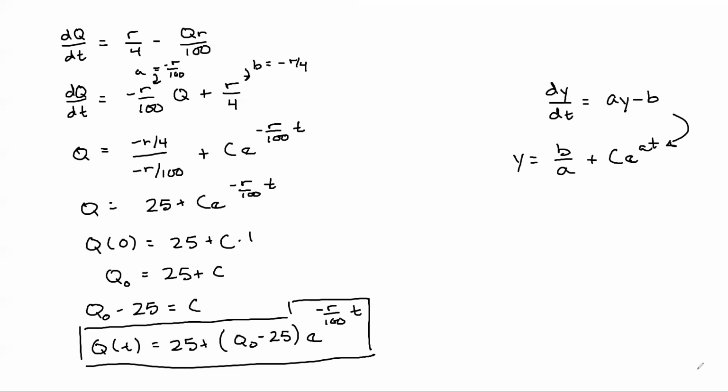So let's go to the next page, and we're going to copy this formula, this function that we've created, and then we can answer some questions about it. All right, so we've got Q of T equals 25. All right, so here's a potential question that you could be asked.